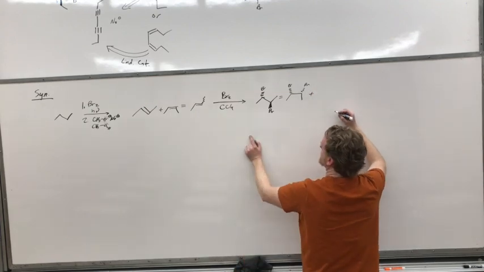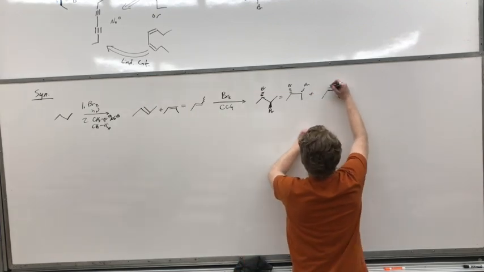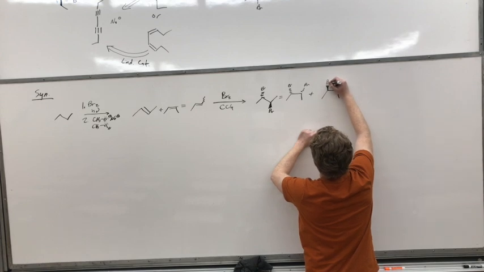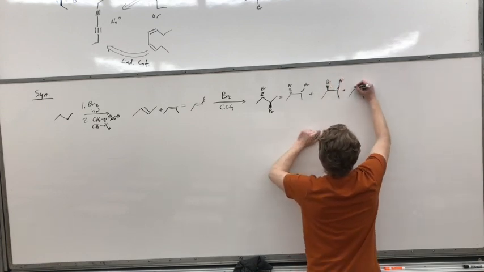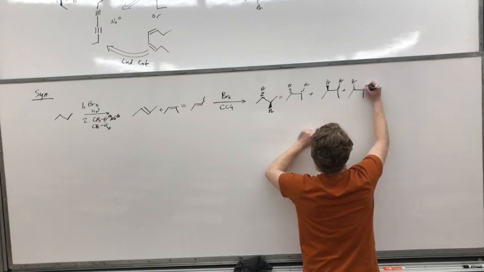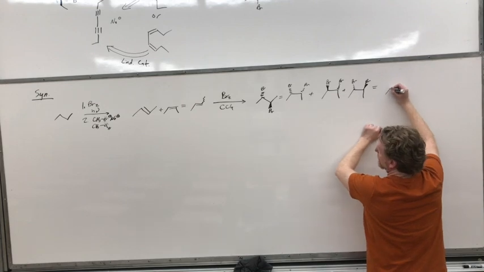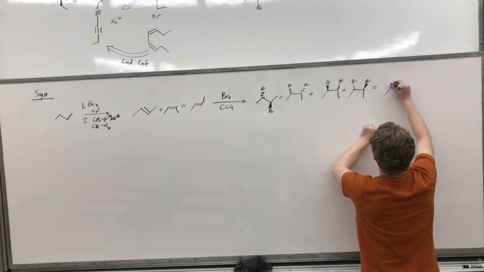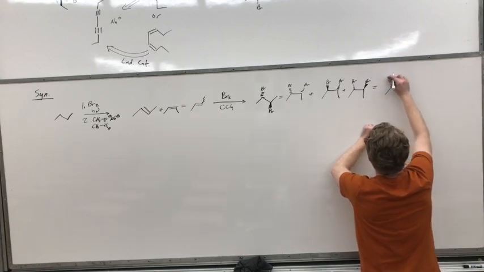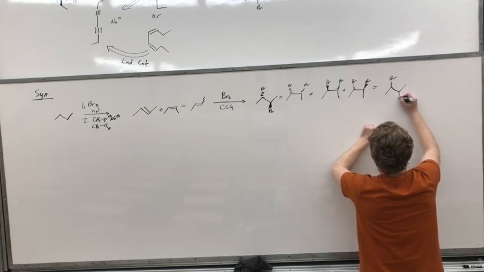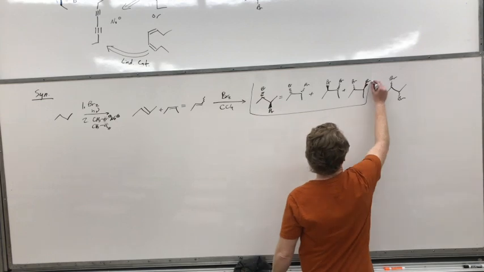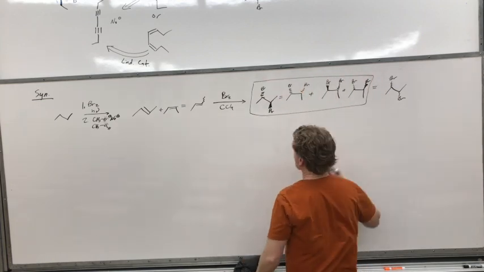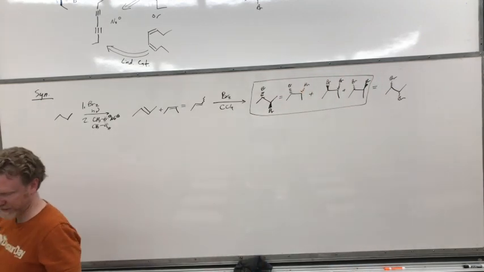And then the cis alkene will give me the enantiomers. And I can represent all those with a wiggle, wiggle in this case. All of those equal that one, all of the possible combinations.